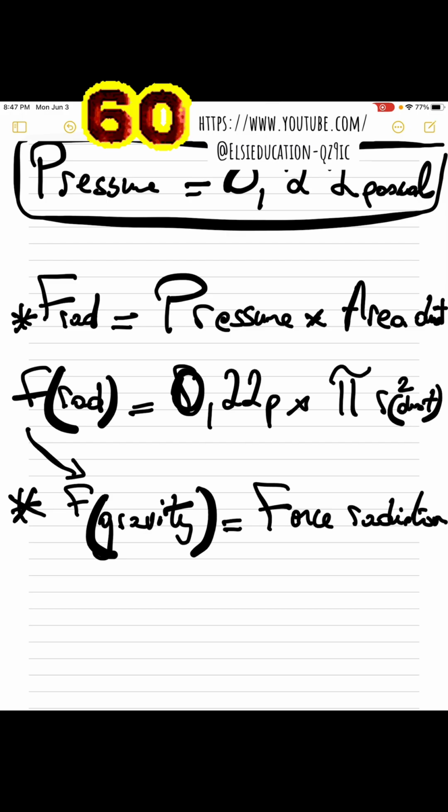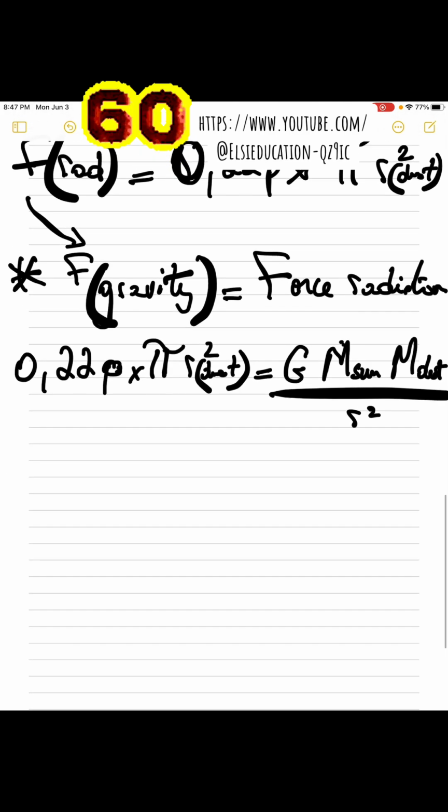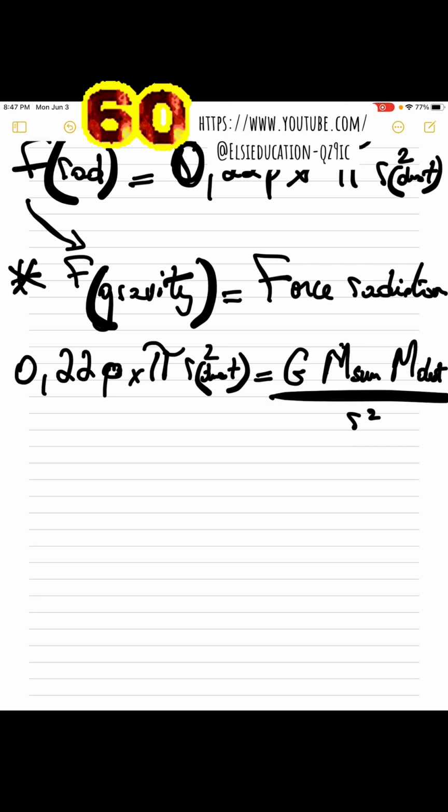So the force of radiation is simpler: 0.22 pascals multiplied by pi r squared of the dust equals the constant of gravity multiplied by the mass of the sun multiplied by the mass of the dust, divided by the radius of the sun squared. Now, to find the mass of the dust, we have the density of the dust.